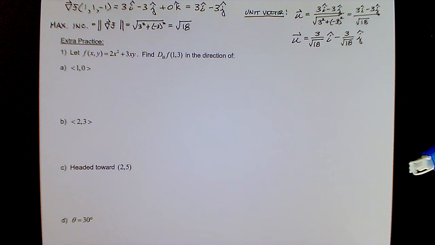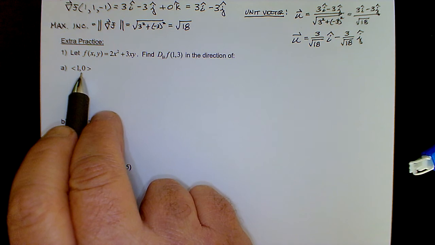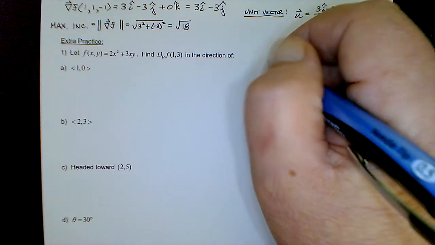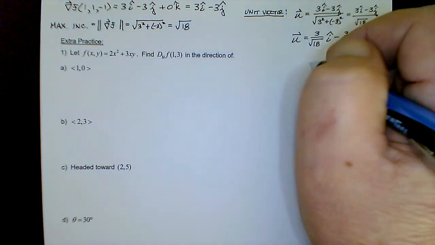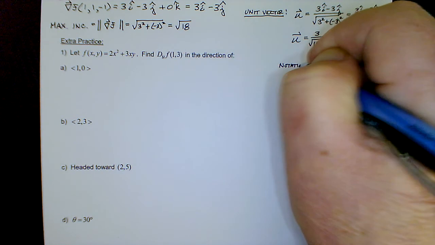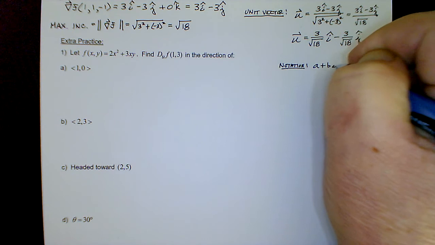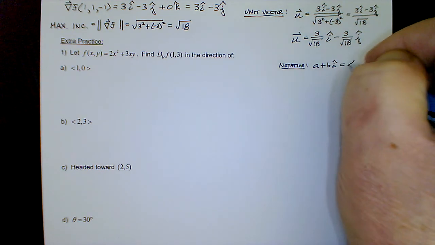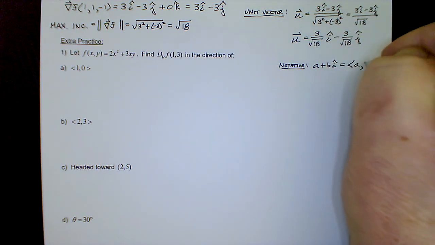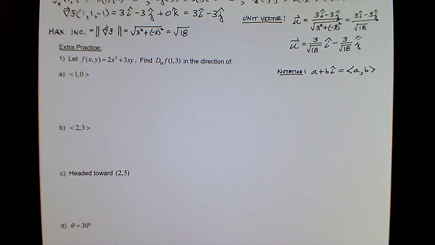So recall that ai plus bj, using our vector form, is ⟨a, b⟩ in these triangular brackets.